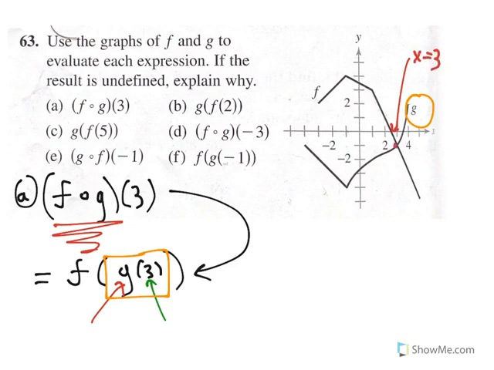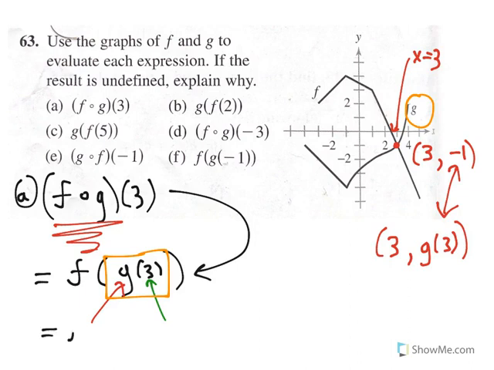And you have this point on the graph of g with coordinates 3 for x and negative 1 for y. So g of 3 would be equal to negative 1, because you have 3 and g of 3, which is the output, which is of course equal to negative 1. So you have f of negative 1. So when you give an input of 3 to the function g, it gives you an output of negative 1, which is then given to the function f.